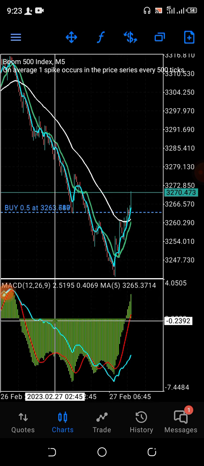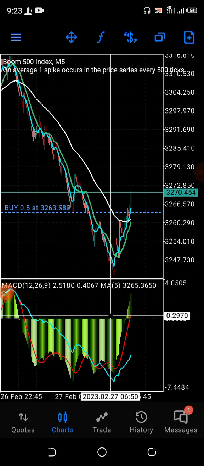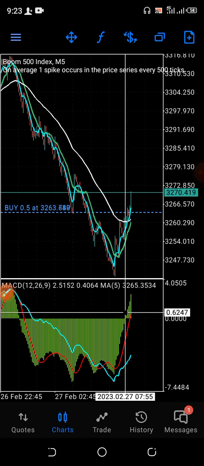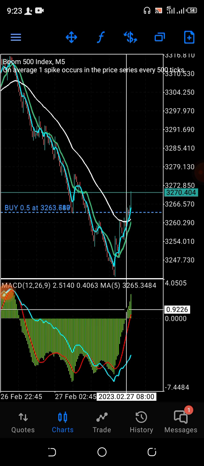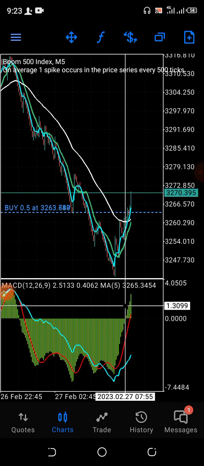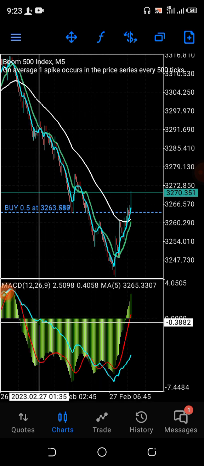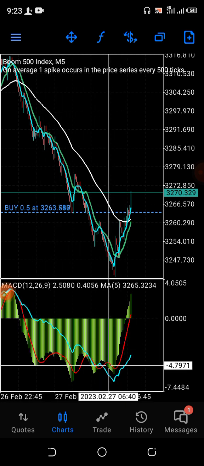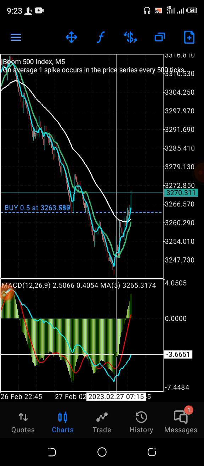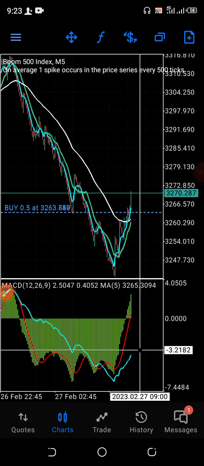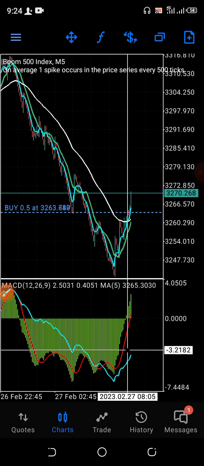The histogram changed the direction from here. But before this will change direction, you have to observe one thing. What is that you have to observe? Check the 5 minutes moving average. Check and see the direction. Is the direction pointing downward?